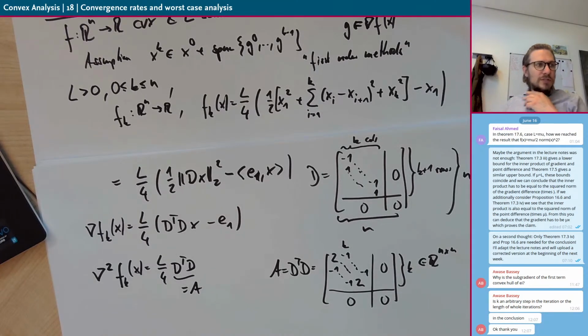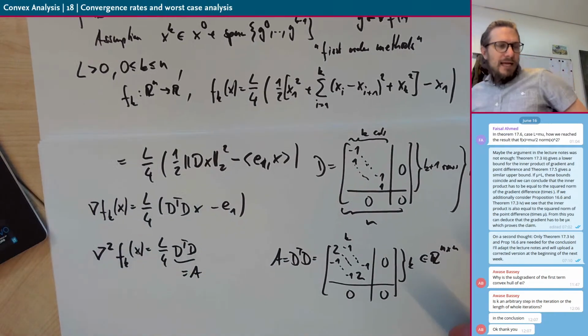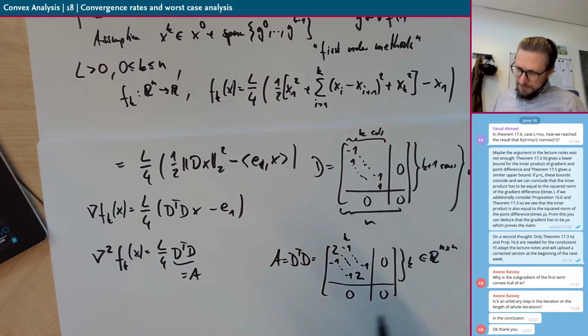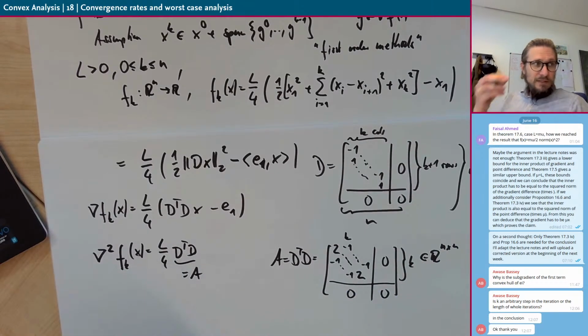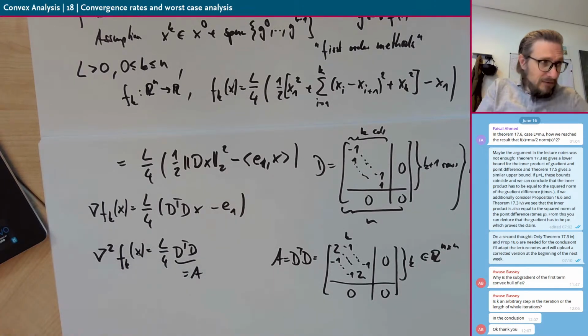To compute the smoothness, what is enough for L smoothness is if the Hessian is uniformly bounded. So the norm of the Hessian, which means the largest eigenvalue here. And so what we would like to calculate, oh, there's a typo again.